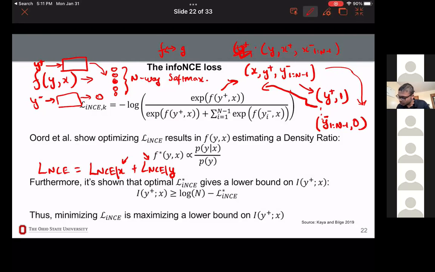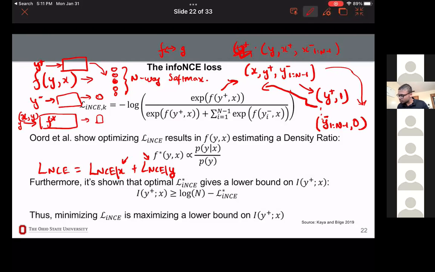So f y comma x would be, in a perfectly trained network, if you have obtained f star, and you have a pair x comma y that correspond to each other, if you give x to it, it will give you some scalar value. If you give the corresponding y to it, it should give you... sorry, wait a second.